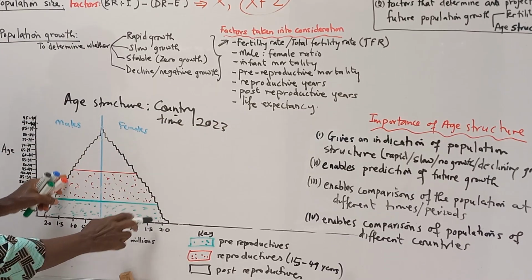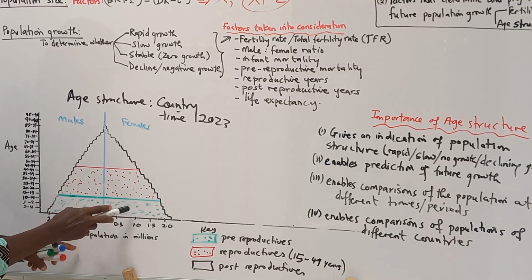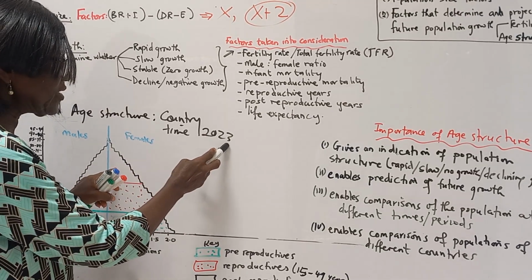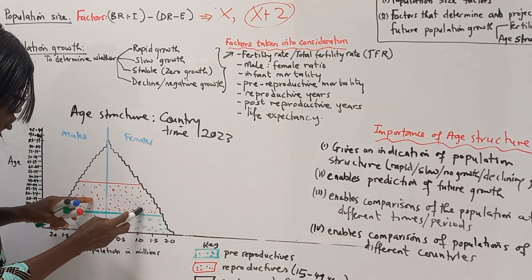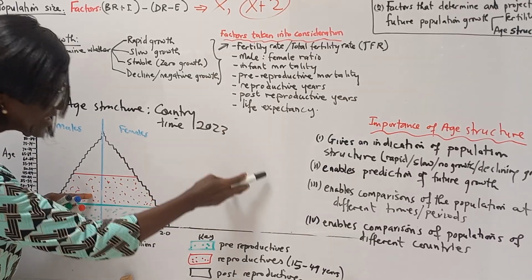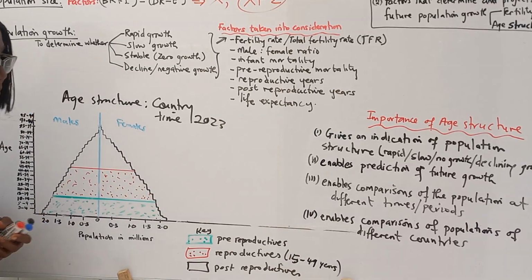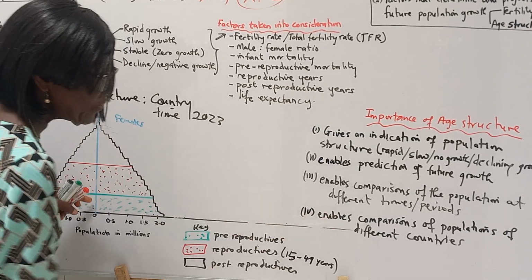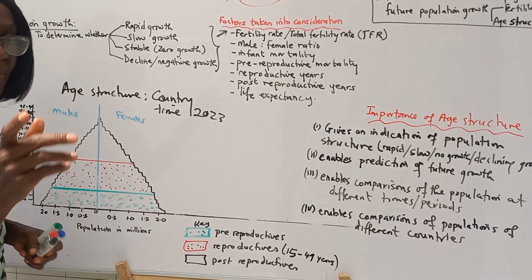So the age structure of a country at a particular time. So if we have one in 2025, it will show whether the population growth is changing, so we can compare populations at different periods, and it enables us to compare populations of different countries, which we will look at very soon.